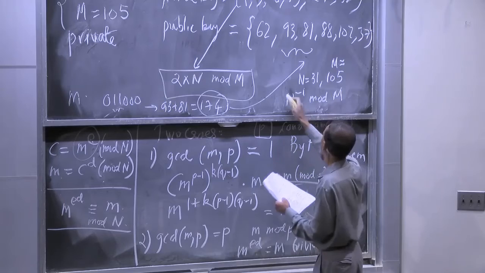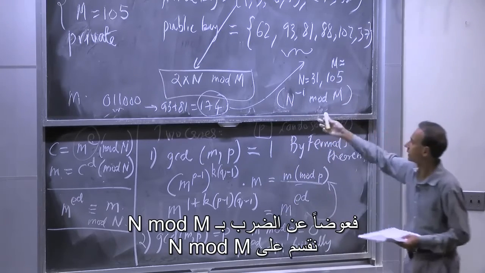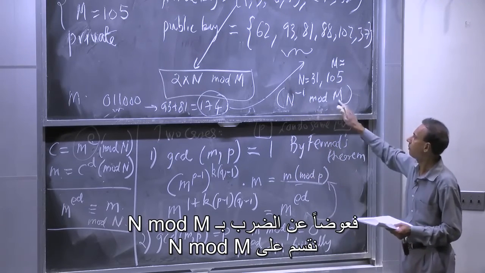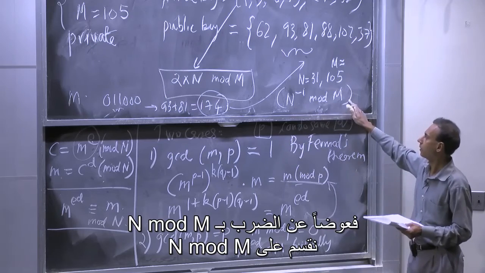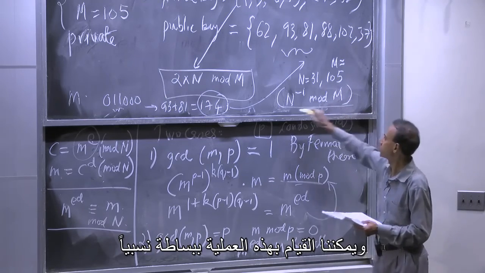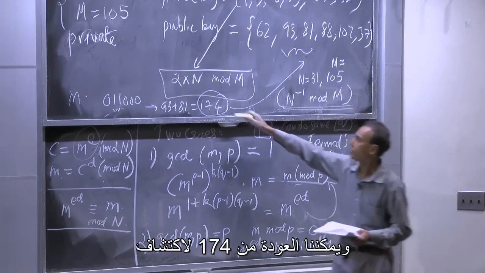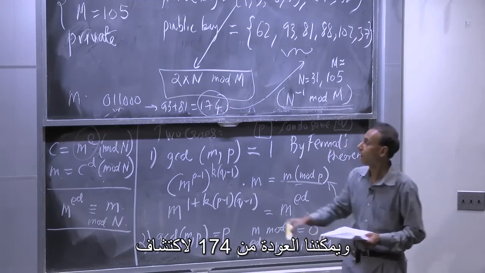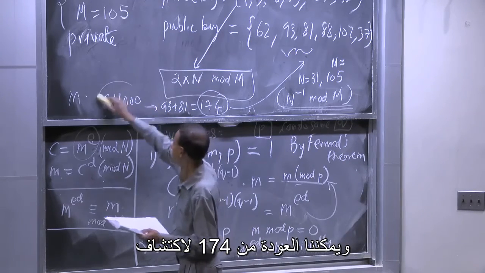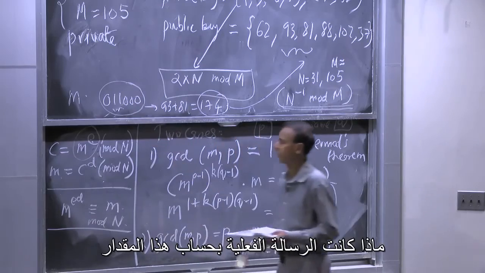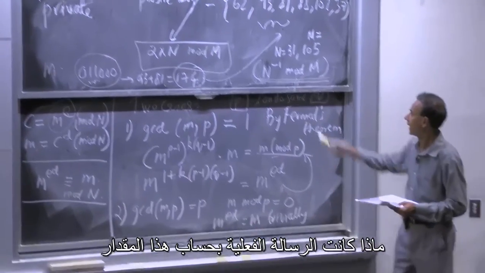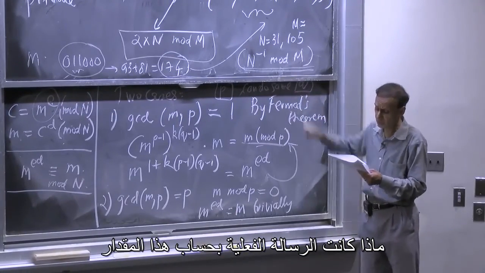All right? So rather than doing times n mod m, you divide by n mod m. And you can do this operation relatively simply, and you can go back from 174 to figuring out what the actual message was by computing this quantity.